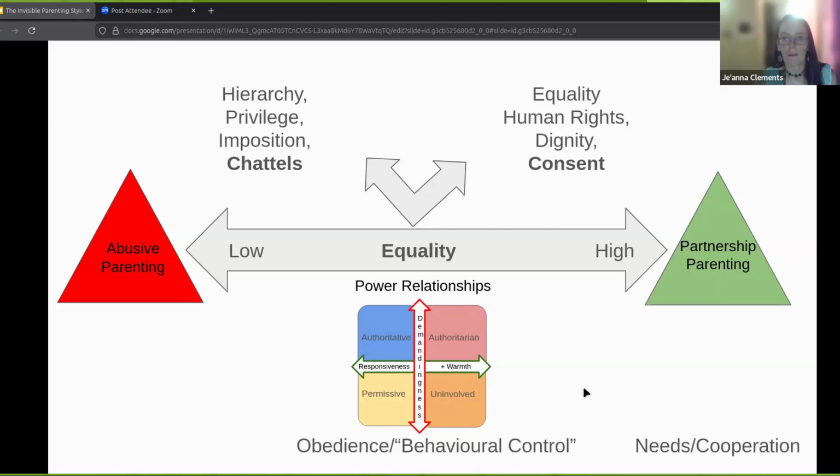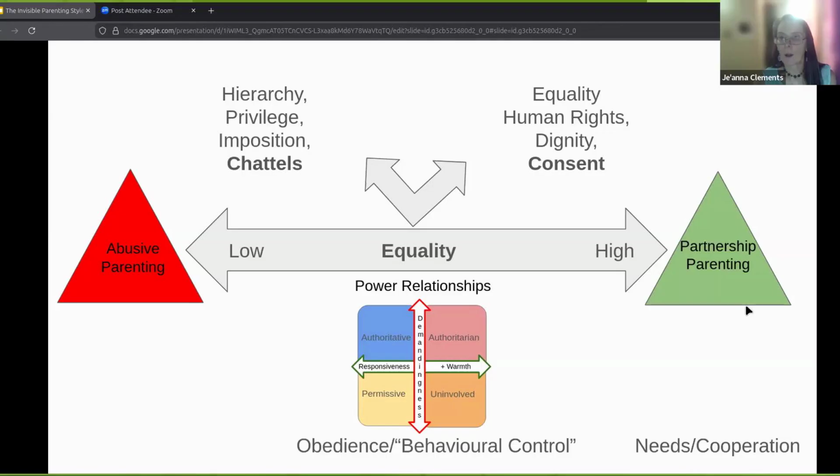So we still come to the fact that even when we reframe obedience as behavioral control, it is still about behavioral control. And that is a term that is used now to describe authoritative parenting, that it has quite a high level of behavioral control by the adult of the young person.